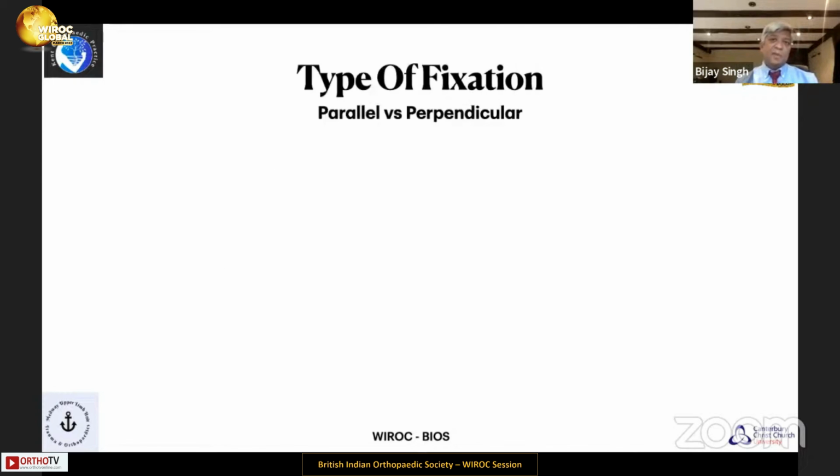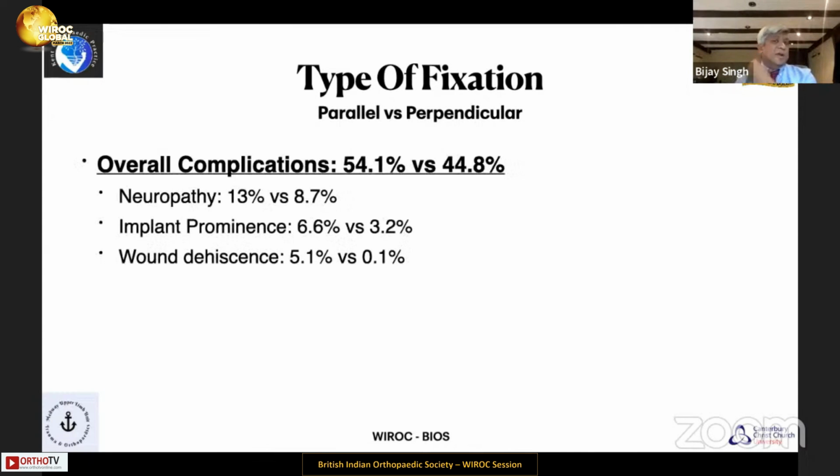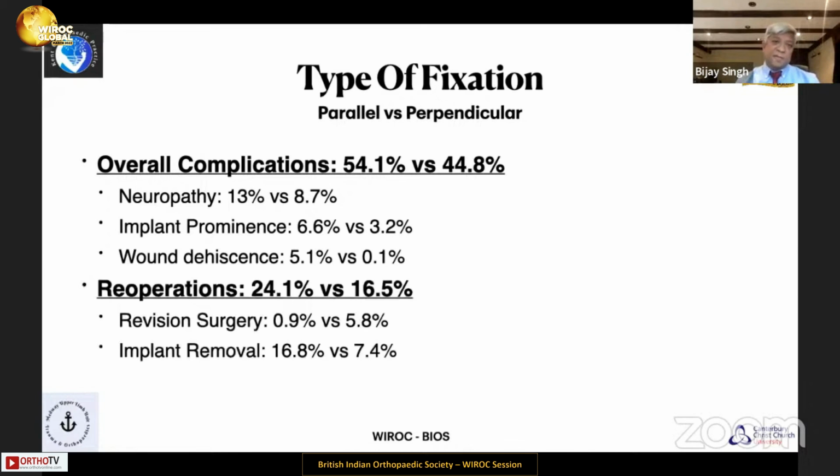Increased risk of OA suggested probably that the articular side involvement significantly increased non-union and malunion and implant removal. If we look at type of fixation, looking at parallel versus perpendicular, the overall complications is higher in the parallel plates, and this is true for neuropathy, implant prominence, as well as wound problems, as well as reoperation rate.